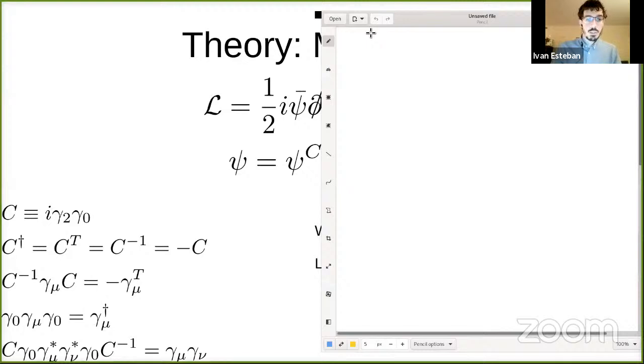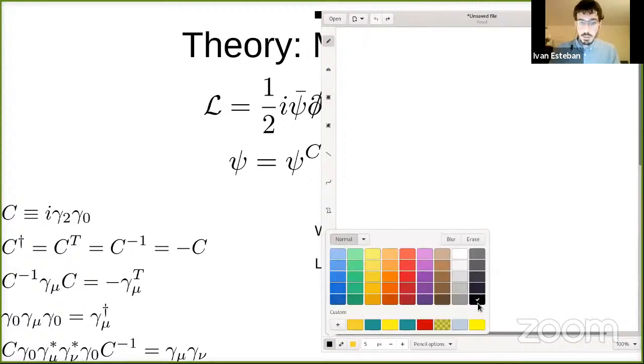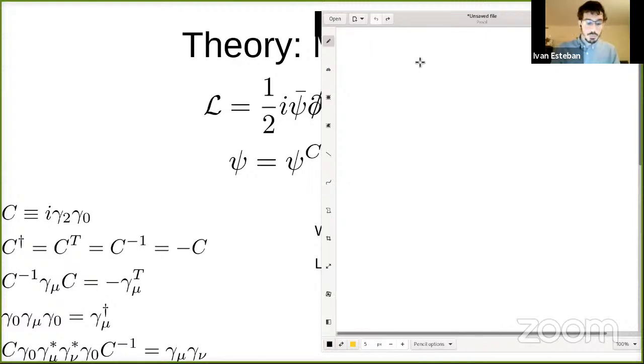The way to prove it is in principle relatively easy. A Lorentz transformation is described by a coordinate transformation where my coordinates get transformed to some primed coordinates, which are just a linear transformation of the original coordinates.